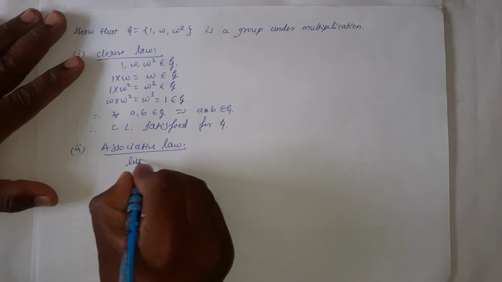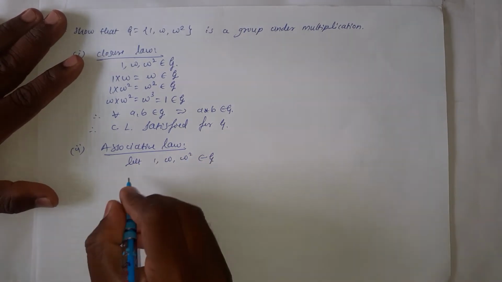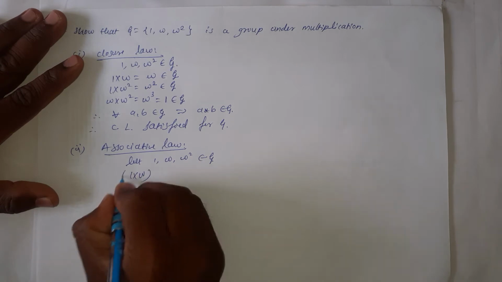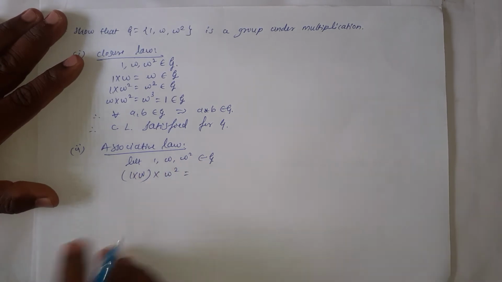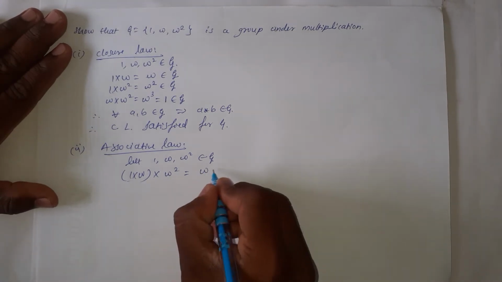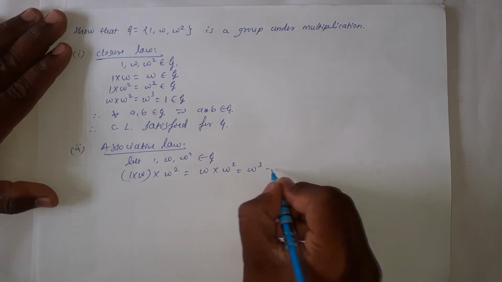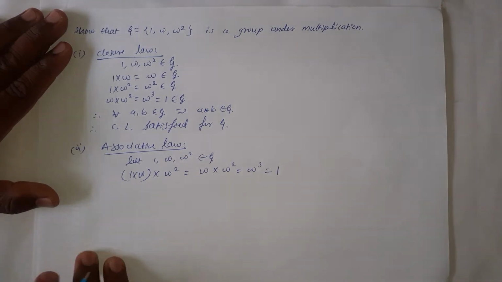Let 1, omega, omega square belong to G. Now consider 1 into omega, into omega square. Here the product of 1 into omega is omega, then omega into omega square is equal to omega cube, and that is equal to 1.